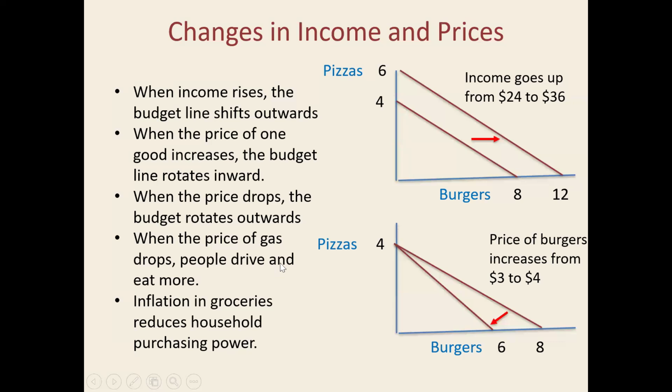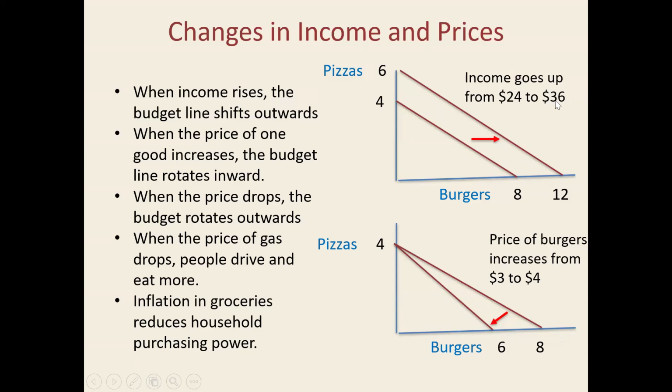What happens when prices and income change? When income rises, the budget line shifts outwards. So using the example from before, let's say our income increases from 24 to 36. What happens then? Well, the number of pizzas you can buy increases from 4 to 6.